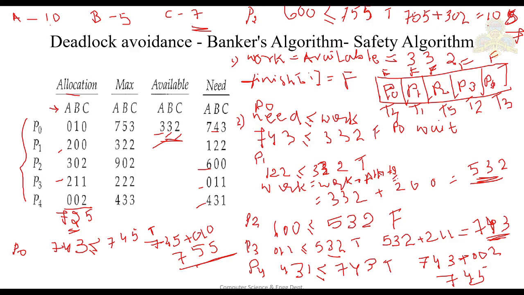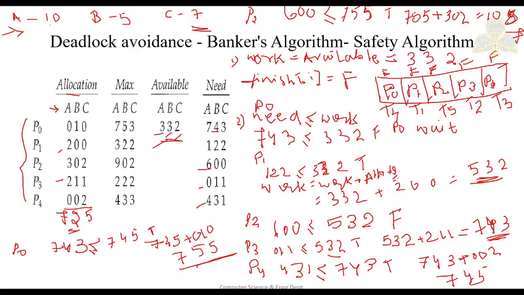Now check the last value you got for work, 10, 5 and 7, whether it is the same as the first value, or the actual available resources in the system before starting this algorithm. It was 10, 5 and 7. Again we have got 10, 5, 7. That means the resources have been allocated properly to the processes in one sequence, and that sequence has made the processes safe and the system to be in a safe state.